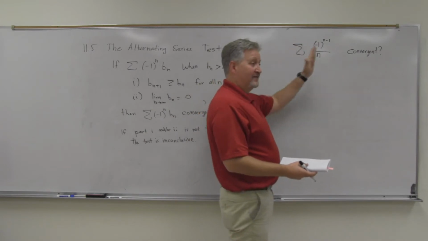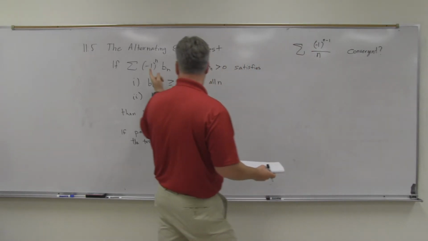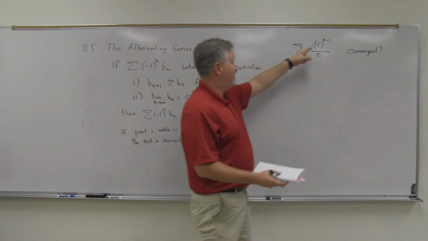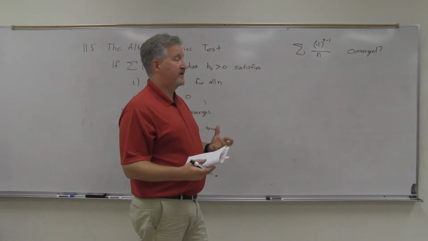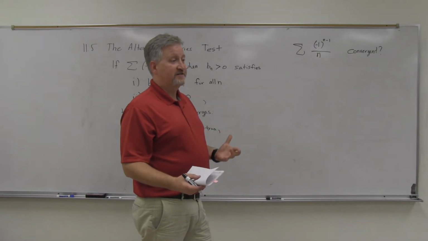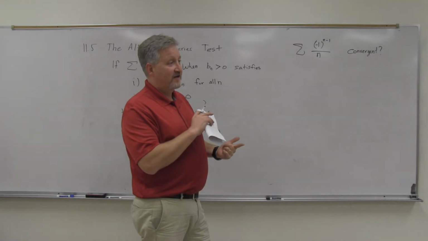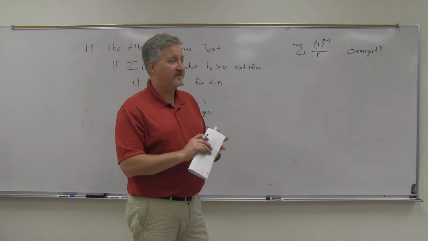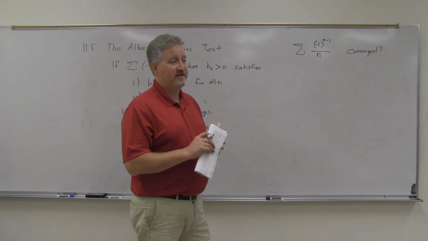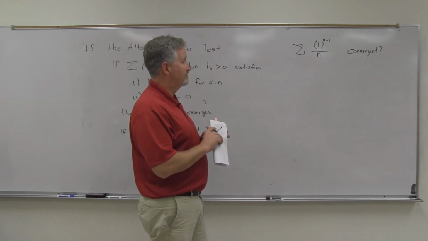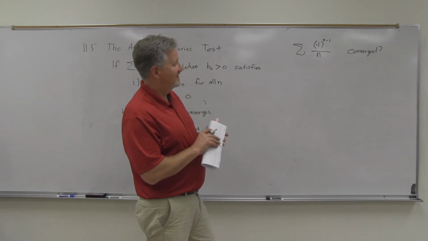It's when you have an alternating series, which, you know, that -1 to the n, or in this case, -1 to the n minus 1, that gives it away. So that's a pretty big hint. This is going to be the alternating series test because, like I said, a lot of those tests depend on positive terms only, and with alternating signs, that's not going to be good for those tests.